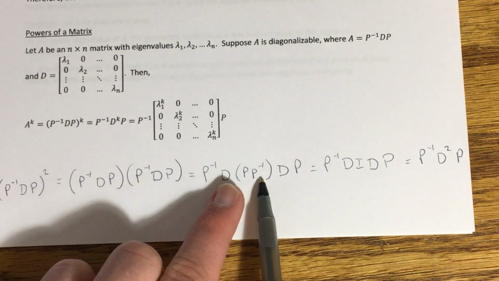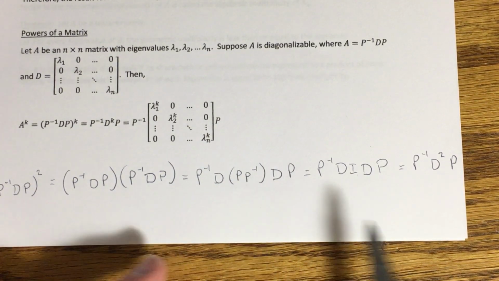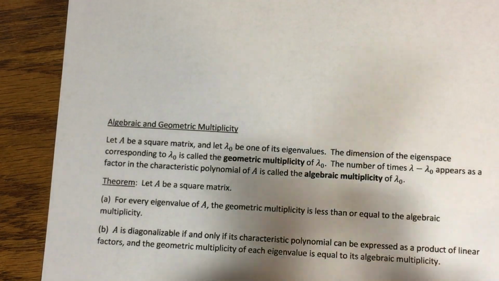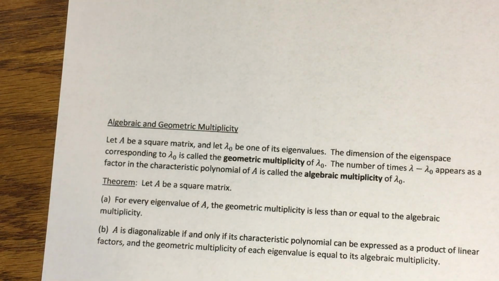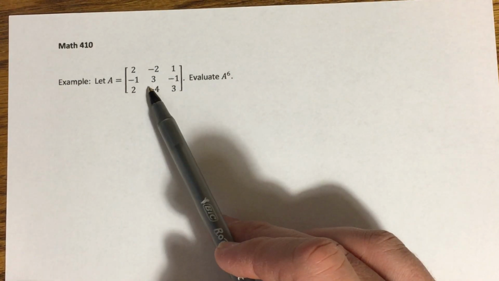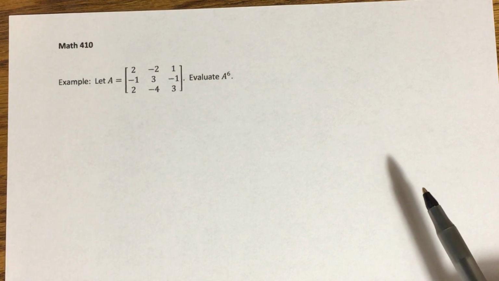You get this collapsing effect of these P inverses that are going to appear in the middle here. So let's do an example where we actually want to compute a power of a matrix. I want to find A to the 6th power, where A is this matrix right here. Now we've actually come across this matrix already.